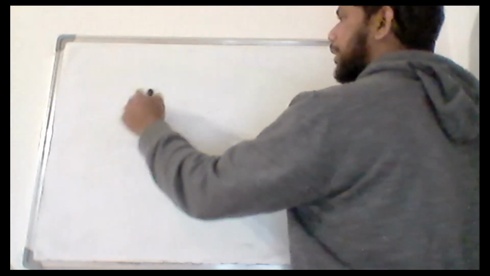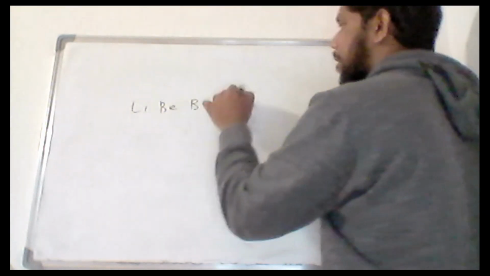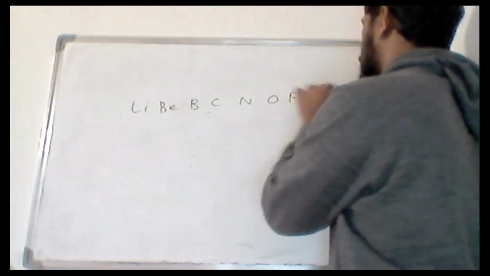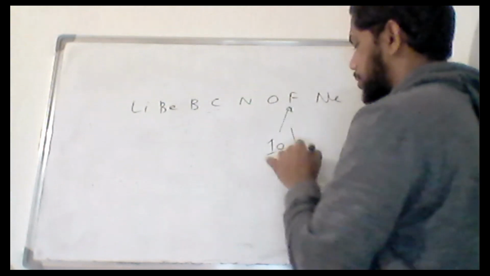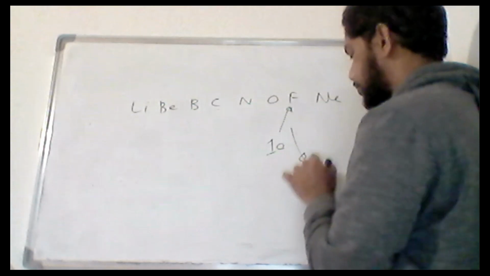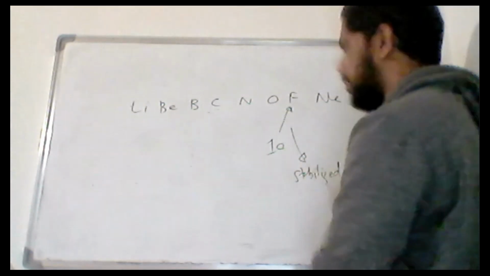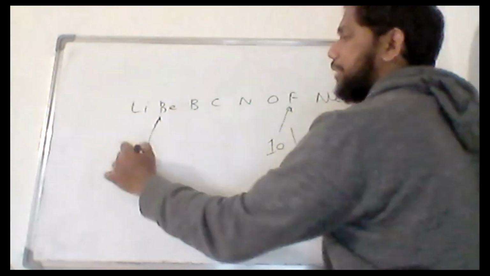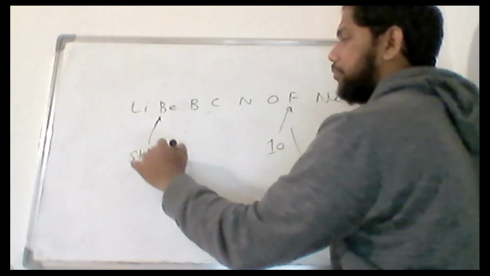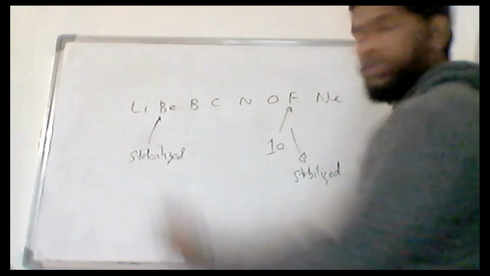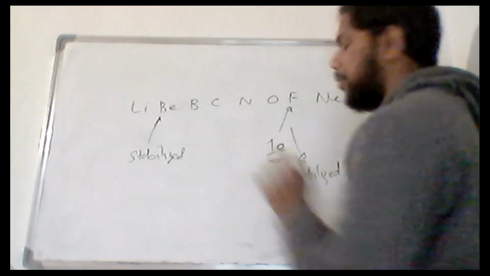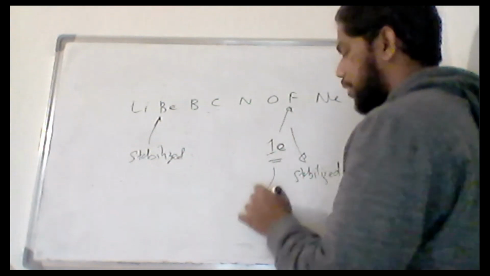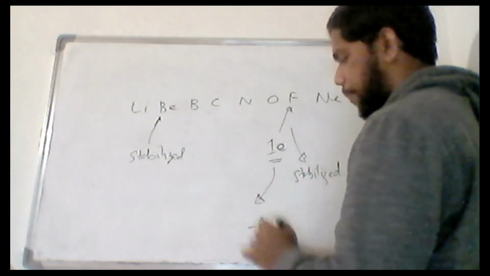So the idea: lithium, beryllium, boron, carbon, nitrogen, oxygen, fluorine, neon. Fluorine needs only one electron to get stabilized, and neon is already stabilized. So it will give a large negative value.